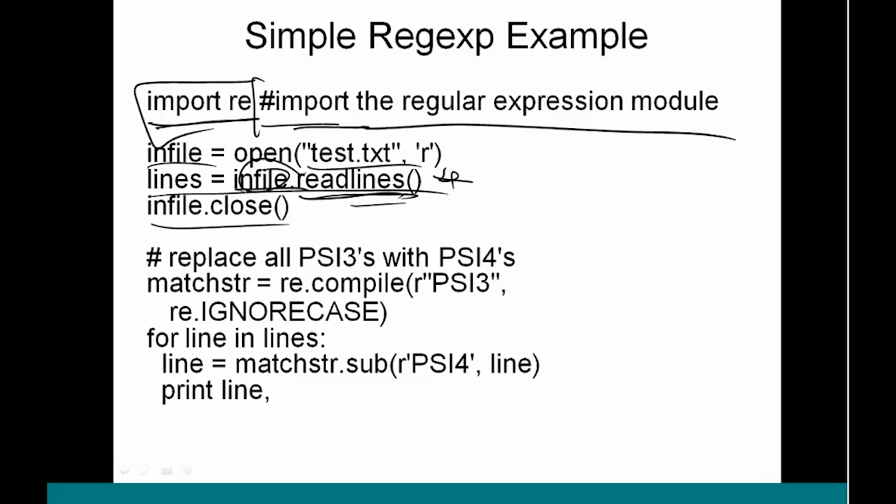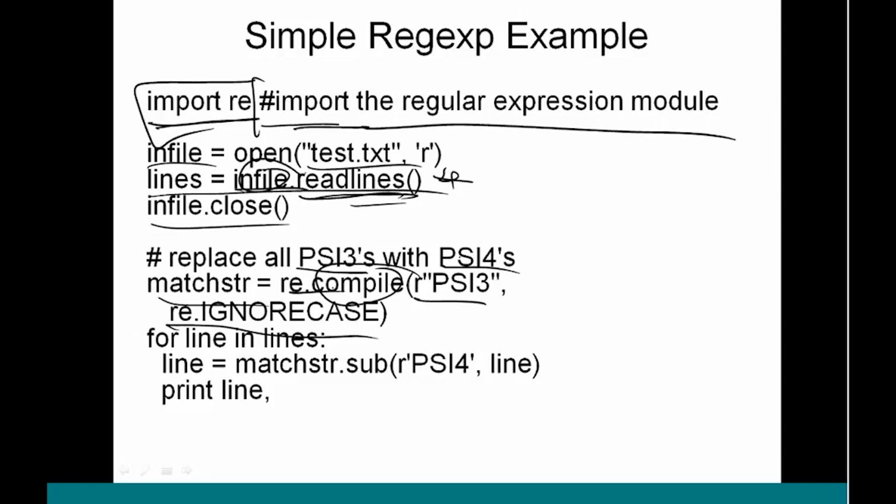Now we can replace all PSI3 with PSI4. The way we do it is we say match string equals re.compile. This is the method for the regular expression, and it takes a raw string specified as PSI3, and then we also specify another option, re.IGNORECASE.